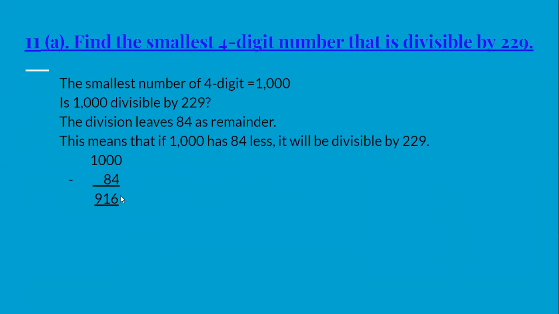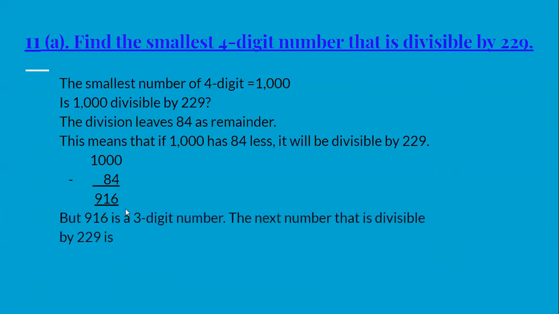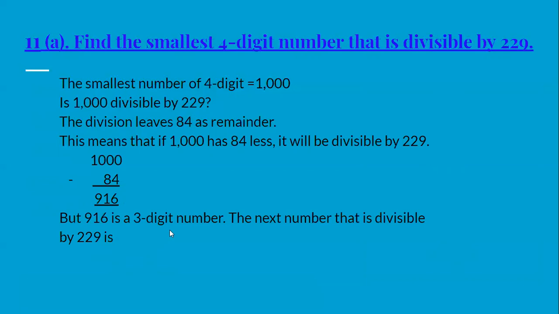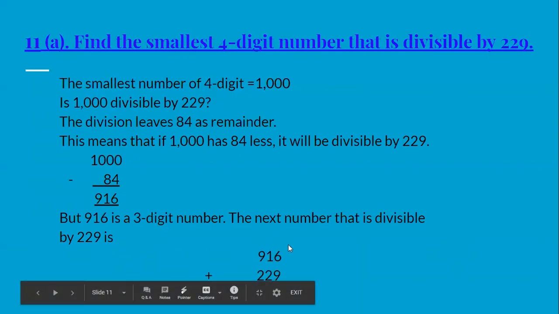But students, this is not a 4-digit number. This is a 3-digit number. We want a 4-digit number. So what will we do? The next number that is divisible by 229, we get by adding 229 to 916.